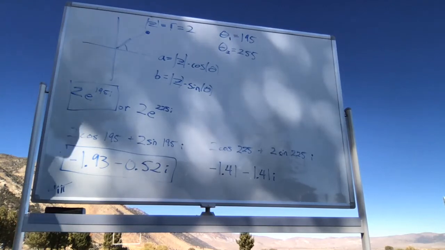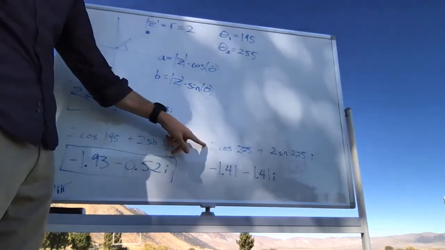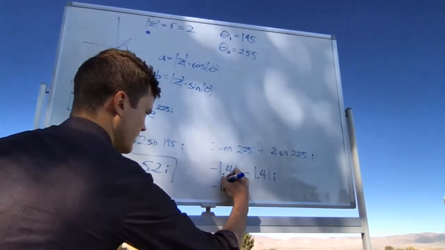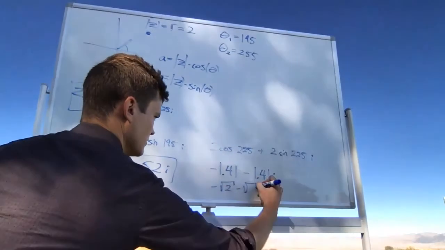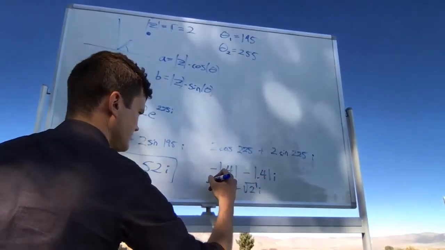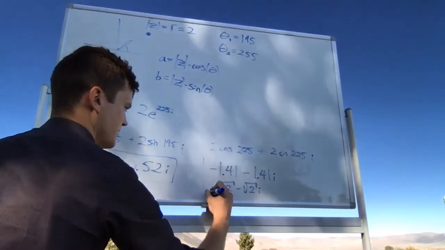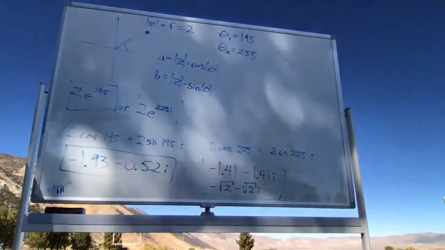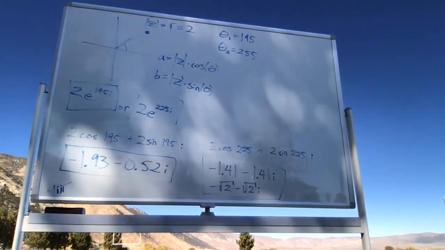So this one you could have used a special right triangle to solve. So another way of writing this one is negative root 2 minus root 2i. So I'll box both of those. Everything up here is an answer. They're just in different forms and different locations.